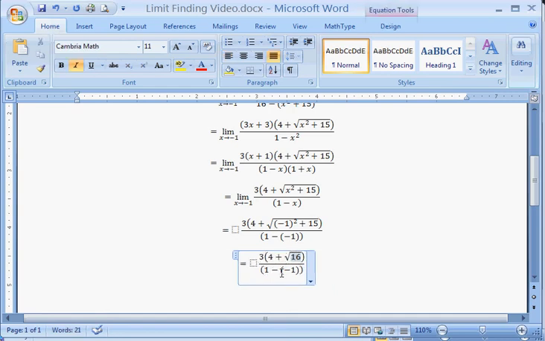And on the bottom, 1 minus -1, that whole thing appears to be 2. So it looks like I have 3 times 8 on the top divided by 2. That equals 12, and it's the same answer as the other two methods of calculating the limit.